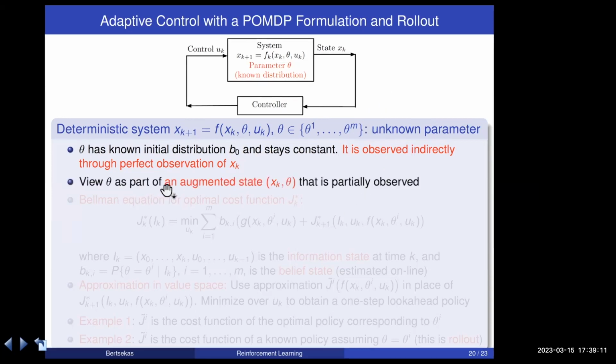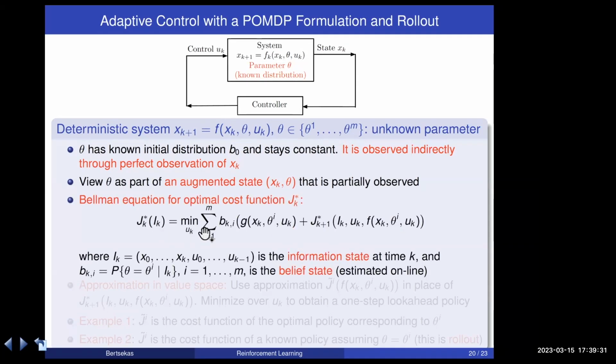So we view theta as part of an augmented state. The state here is the pair xk and theta, and this part is imperfectly observed. This part is perfectly observed, and we plug in Bellman's equation for POMDP. I'm not going to go into the derivation, but this is the form.